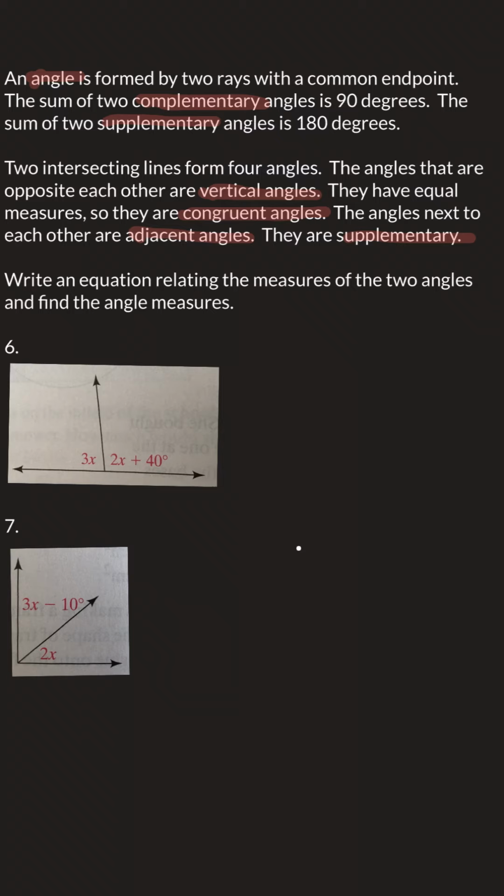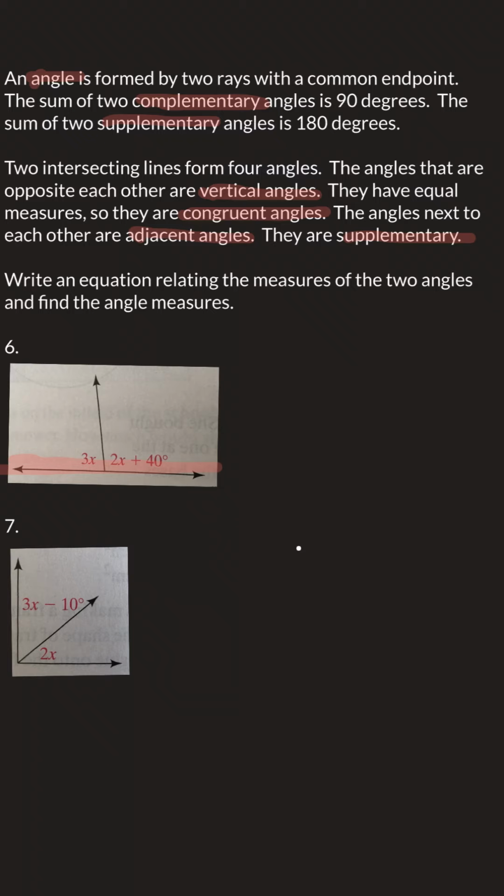Okay, write an equation relating the measures of two angles and find the angle measures. So we have these two angles, and we can see that this line right here is a straight line, so it is 180 degrees.